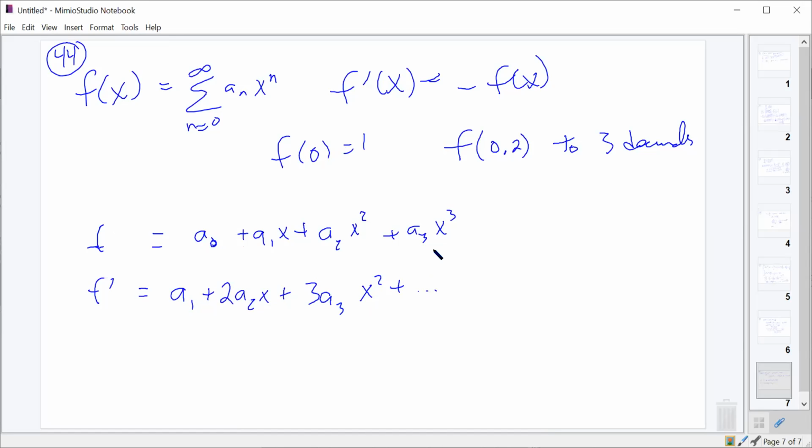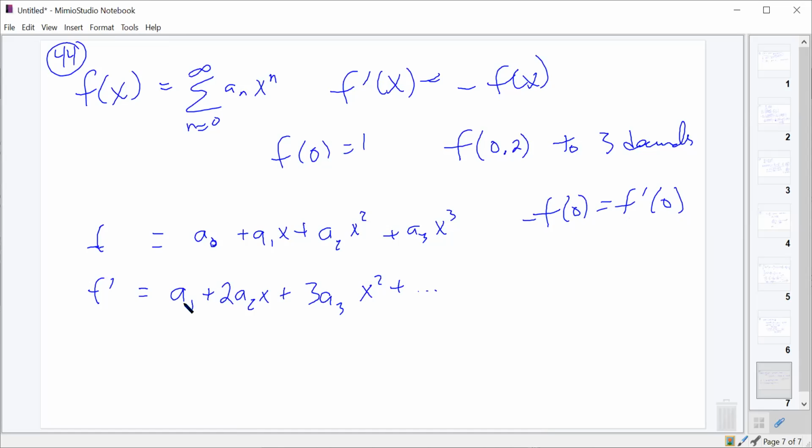And if we're going to say that f prime is equal to negative f of x, we should be able to come up with our value for a sub 1, because if f of 0 equals 1, then that should tell us that negative f of 0 equals f prime of 0 from what it told us up there.